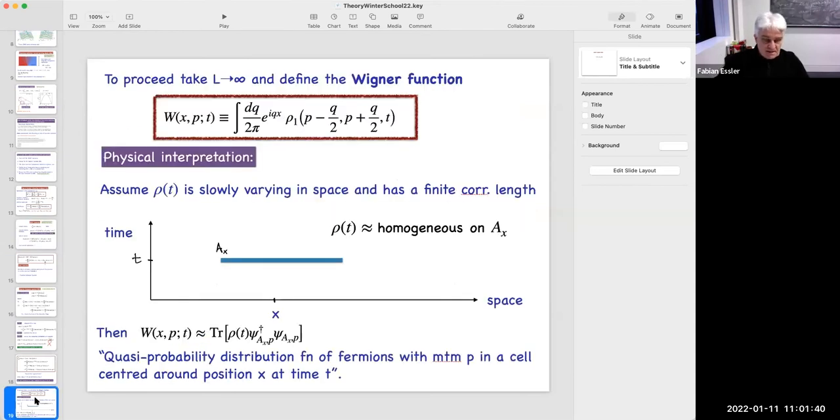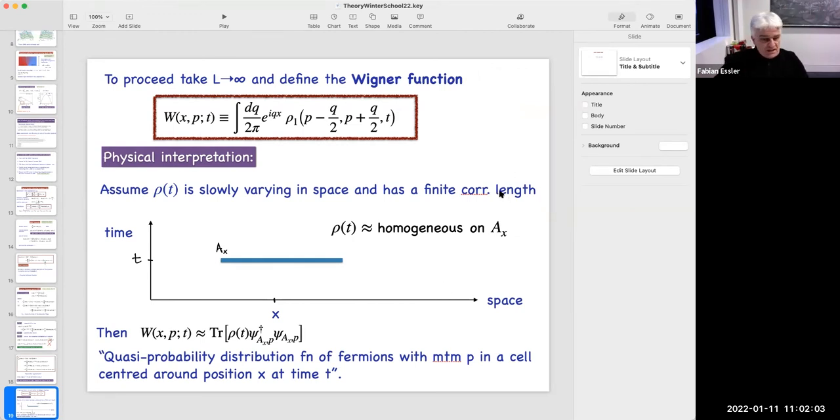That's what a finite correlation length means. That basically means different regions of your system are extremely weakly correlated. You have strong correlations only within a finite radius, and outside you're not correlated anymore.